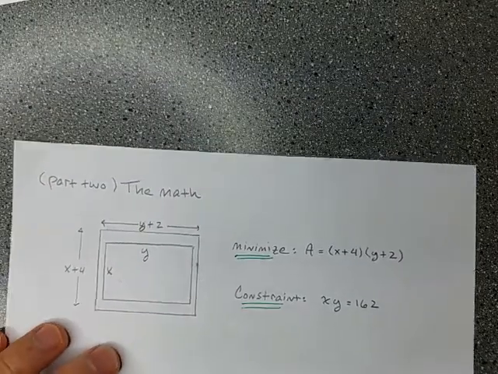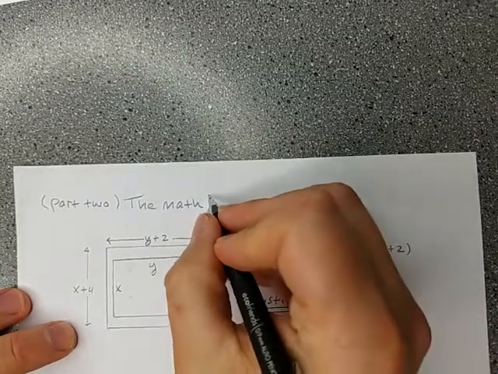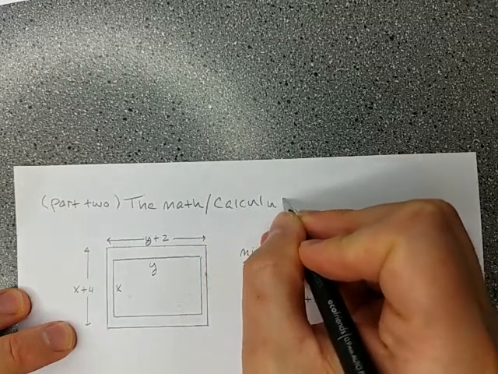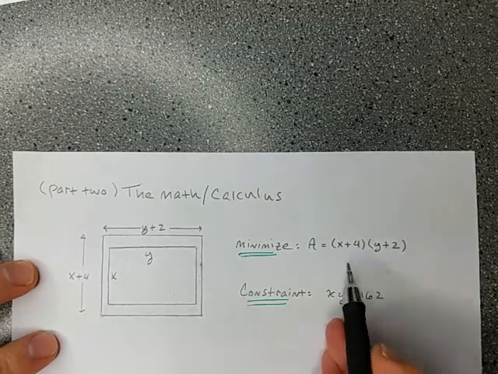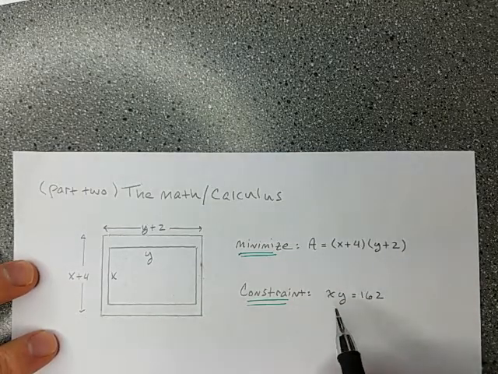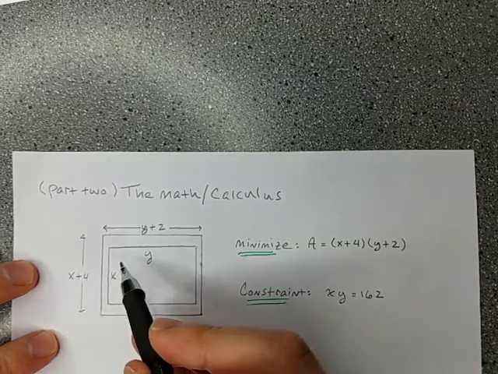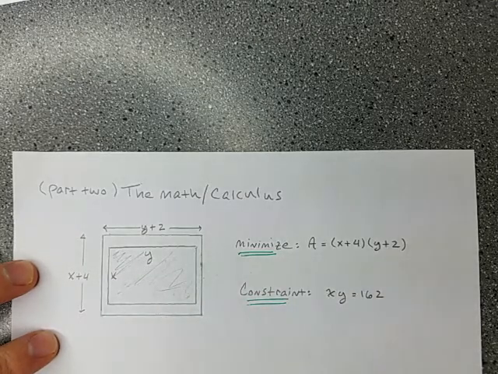I'm obligated to show you the calculus, so here it goes. Here's the math. Here's the calculus. This is not just math, but we're using calculus, in fact, to do it. I want to minimize the area of the poster, subject to the constraint that the printed space in here, this amount of space that is going to have some kind of print or writing on it, has got to be 162 square inches.